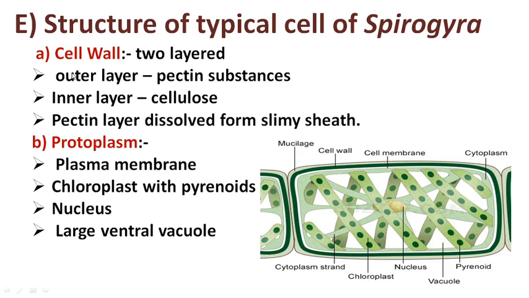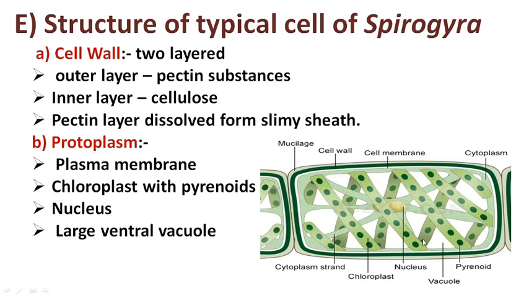Next, the nucleus. There is a single nucleus with a distinct nucleolus, present at the center of the cell. Then the central vacuole. The cytoplasm encloses a large central vacuole, and this vacuole is filled with cell sap.